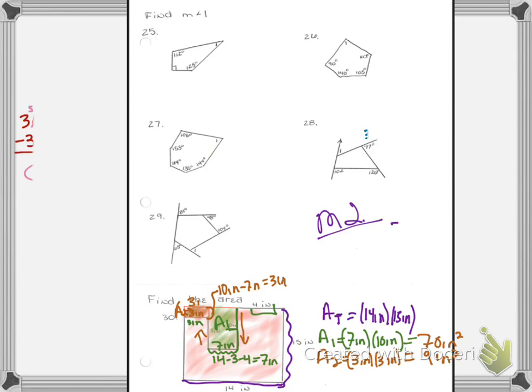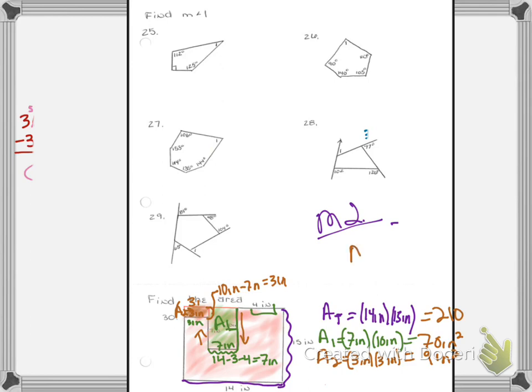Now we have to do 14 times 15. So 14 times 15, 210. Subtract 70, subtract 9.